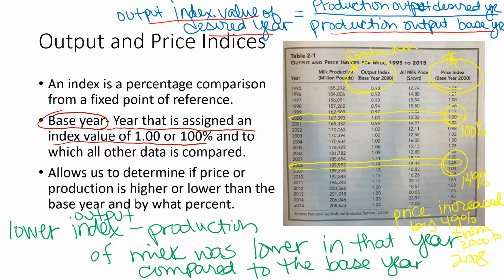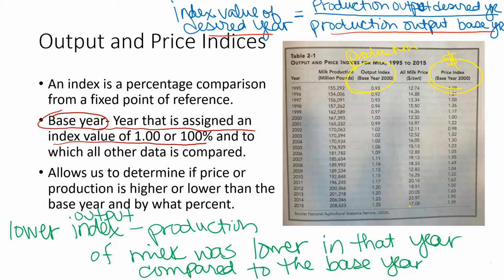So just because we're on this, let's go ahead and check one of their values for the price index. And let's change our equation up here. So we have output index value of desired year. Let's change that to, if we're trying to calculate the price index value for a desired year, that's not going to be the production output.